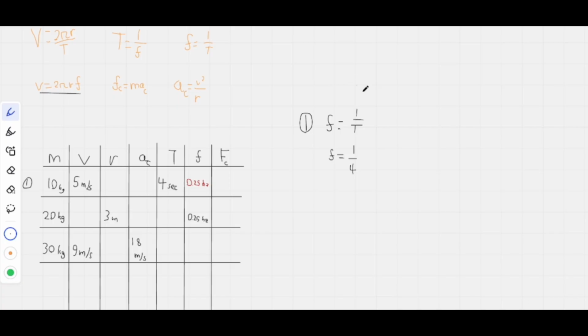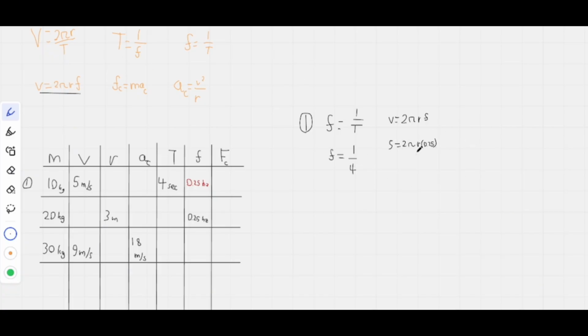So we take this equation right here, so we do V equals 2 pi r f, and our velocity is equal to 5 equals 2 pi r, and then this would be 0.25.